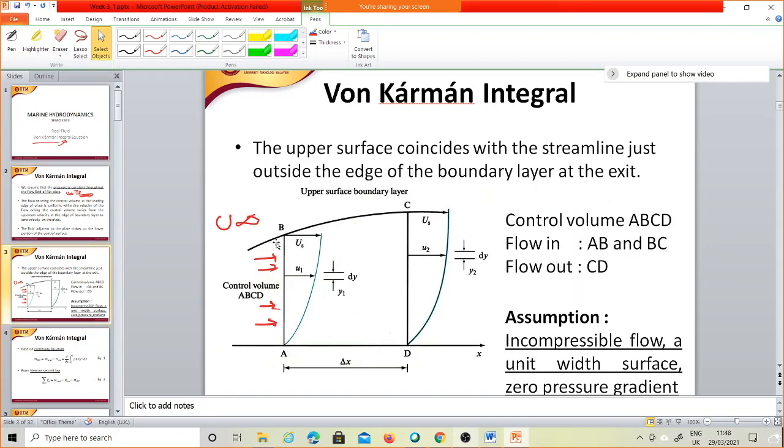It means that when it's leaving the control volume, the velocity starts from the upper edge, where it is equal to the upstream velocity, and it will continue to decrease until it reaches zero on the plate. The velocity profile will change from u s, the free stream velocity, and gradually decrease, and it will become zero as you move in this direction. This is the upper edge of the control volume, and this is the lower edge. At the lower surface there is zero, and at the upper surface you will have u s, the free stream velocity.